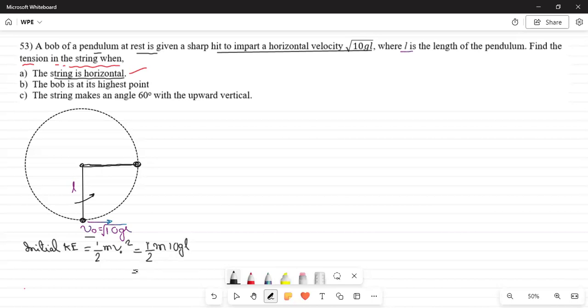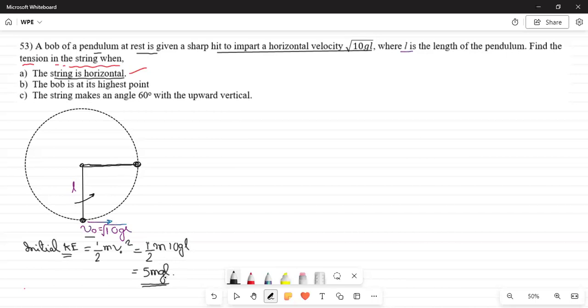This is equal to 5 mgL. This is a very important parameter that we shall need all throughout this problem, because this is the initial kinetic energy of the ball. So wherever it goes, it cannot cross this much energy level. Its energy is 5 mgL.